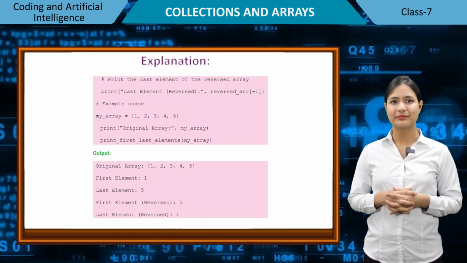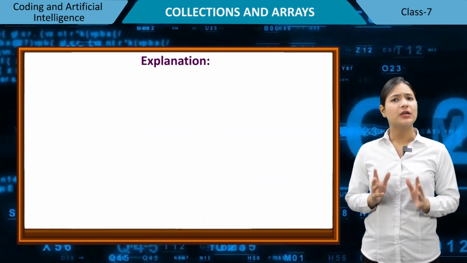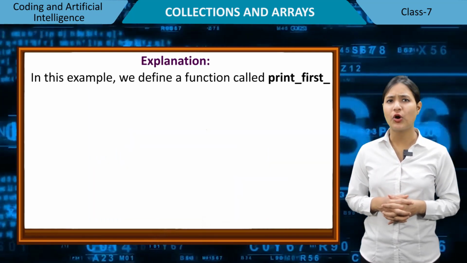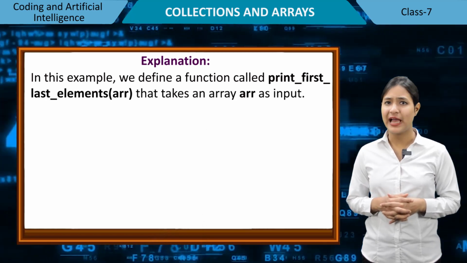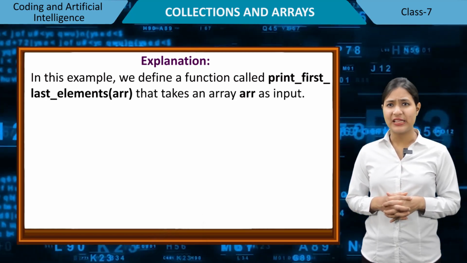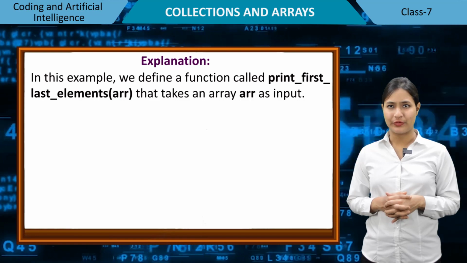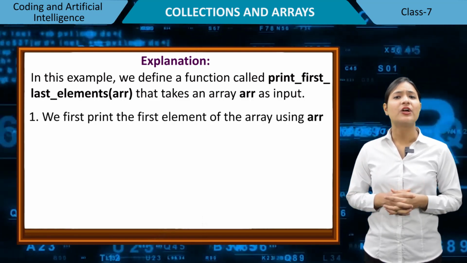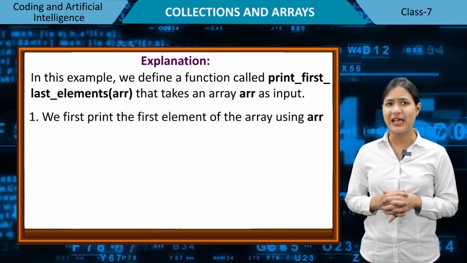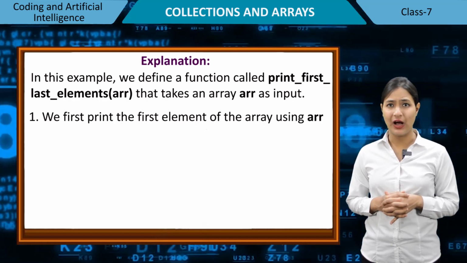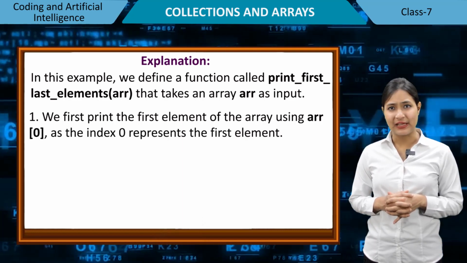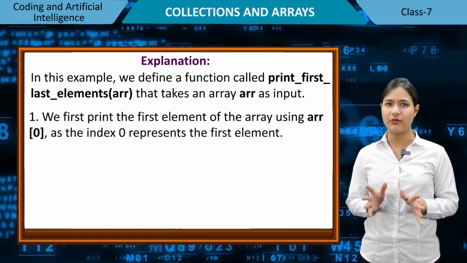Output. Explanation. In this example, we define a function called print_first_last_elements(r) that takes an array r as input. First, we print the first element of the array using r[0] as the index 0 represents the first element.